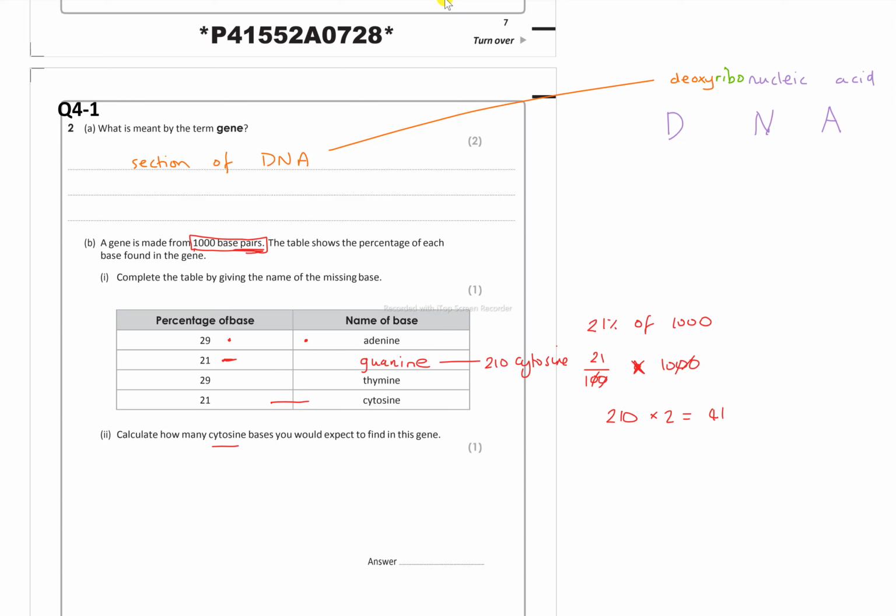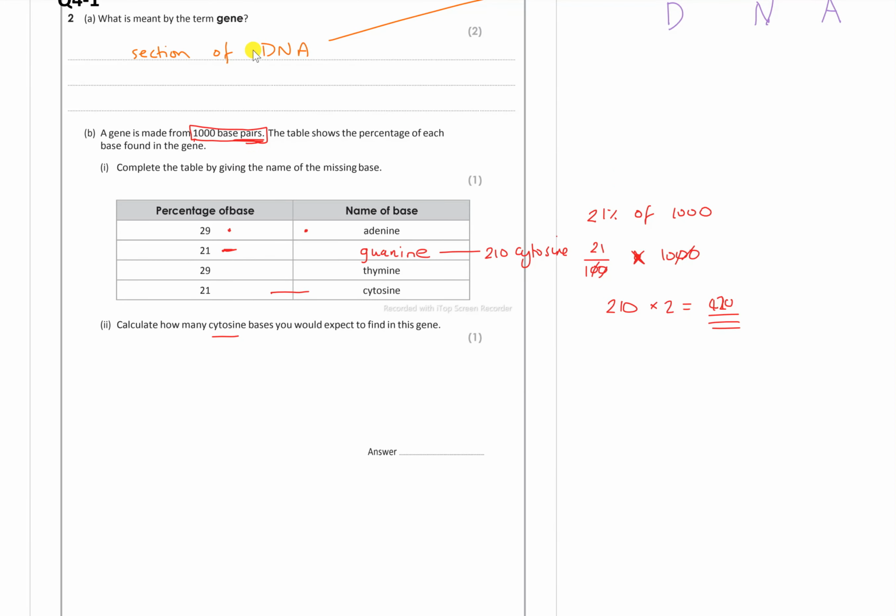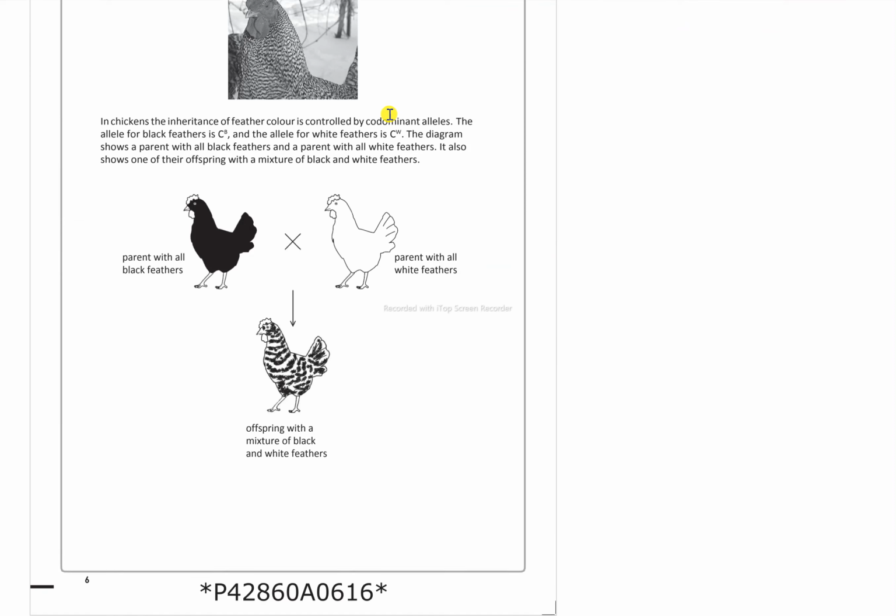So you can end up with 420. 210 times 2 is 420. It's only one mark. So they just want you to be aware. The key thing is to make sure that you read that it's a pair. So you're expecting 210 guanines, and attached to that will be 210 cytosines, and they've also said that there's 210 cytosines.